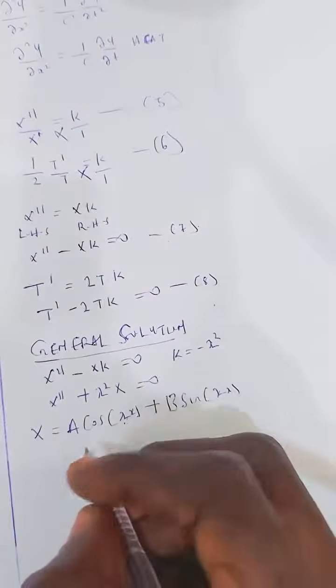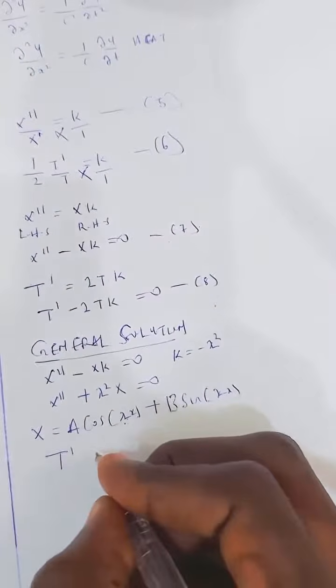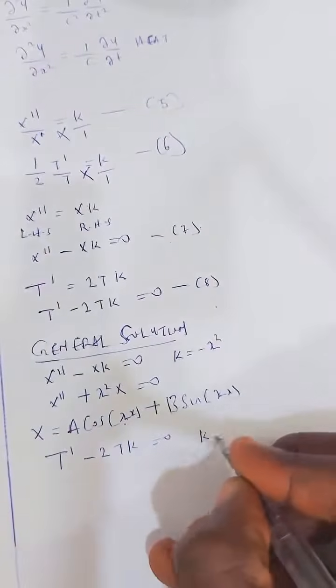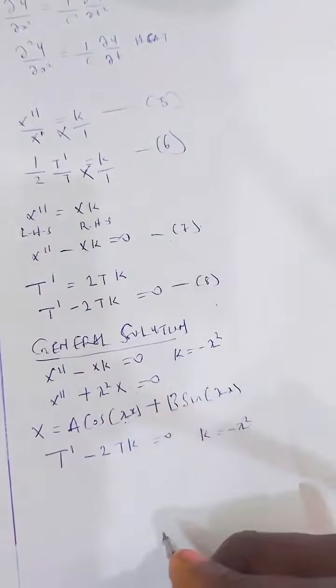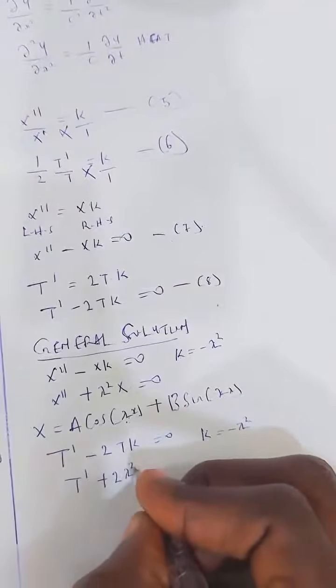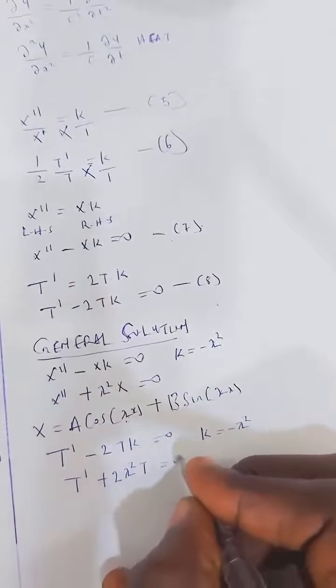Now, similarly, for t prime minus 2tk equals 0, substitute k equals negative lambda square. This becomes t prime plus 2 lambda square multiplying t equals 0.